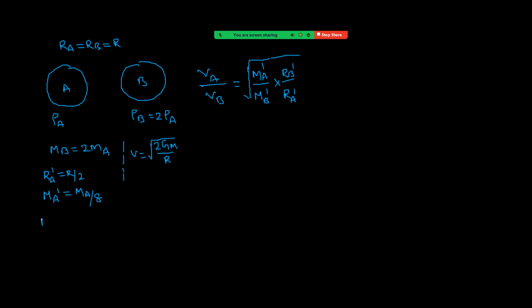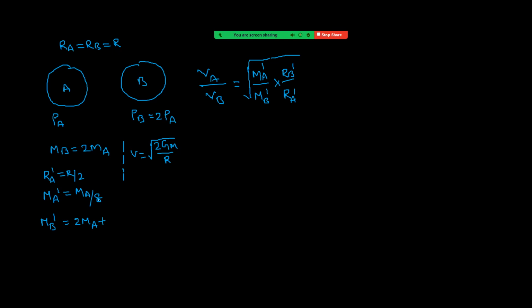MB dash we can write. Initial mass is twice the mass of A. So 2 MA initially plus initially mass of A. You're having MA. Now it is 1 by 8.